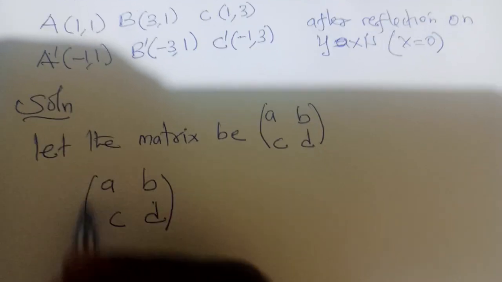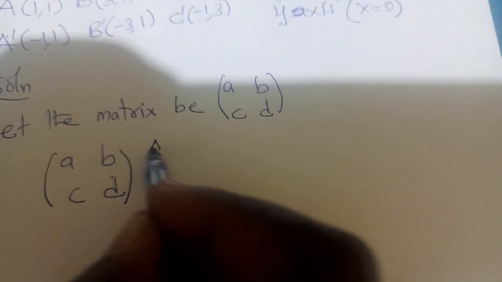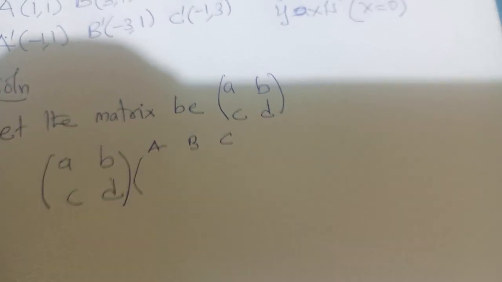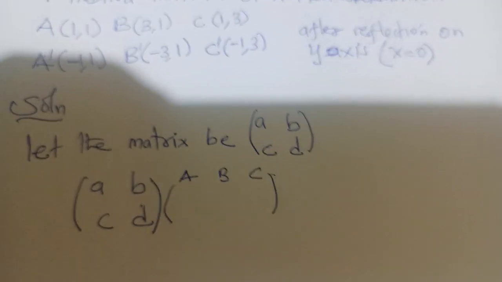In other words, we write the matrix of transformation first, then the object, with the coordinates written in matrix form.